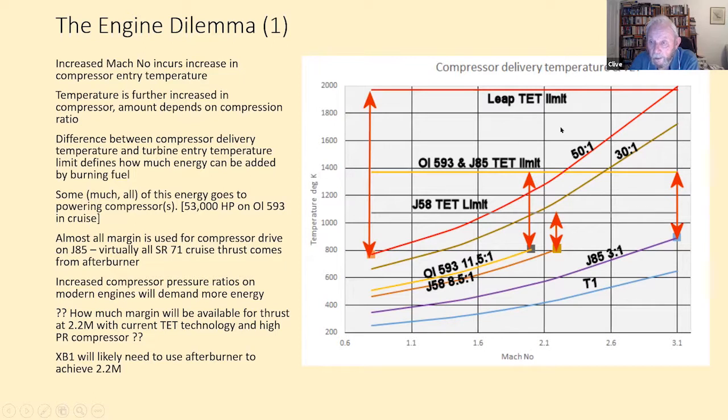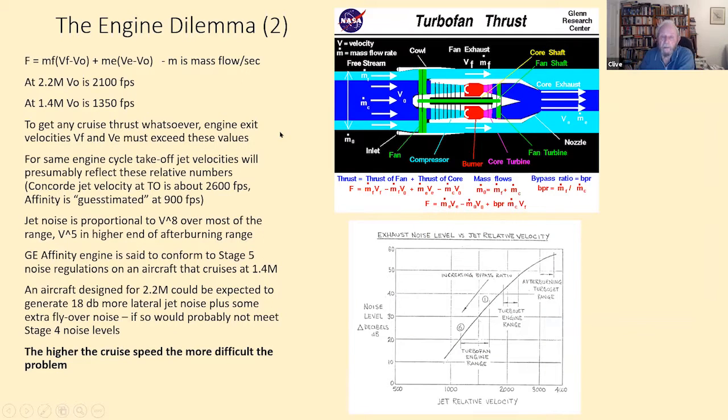So I don't know, but I do wonder whether there's enough margin in the current technology to sustain non-afterburner thrust at 2.2.